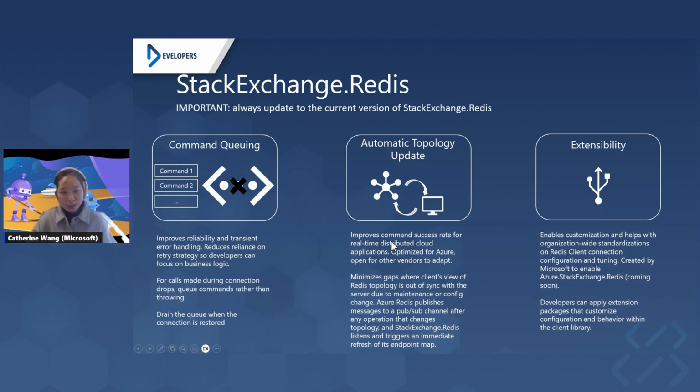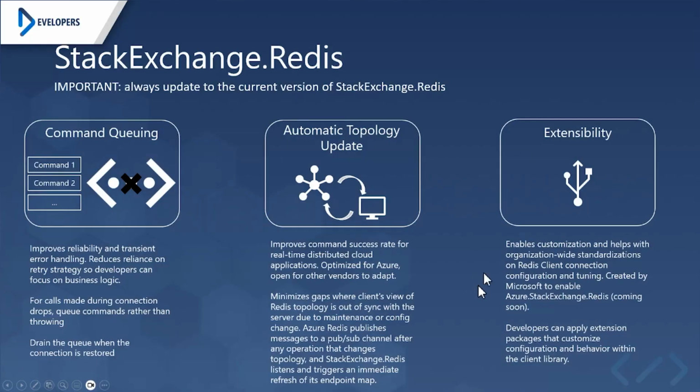This feature right now is optimized for Azure Redis Cache because we did something in the hosting platform in Azure, but it's adaptable by other vendors, as long as you send some message when topology changes on your server side, and the Redis client can subscribe to a channel and respond to it.